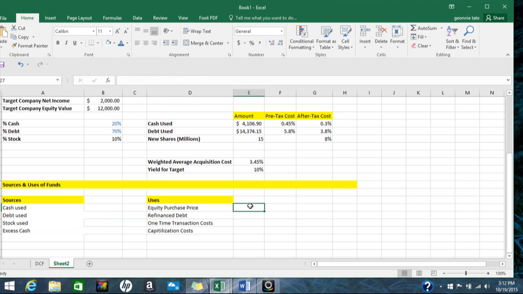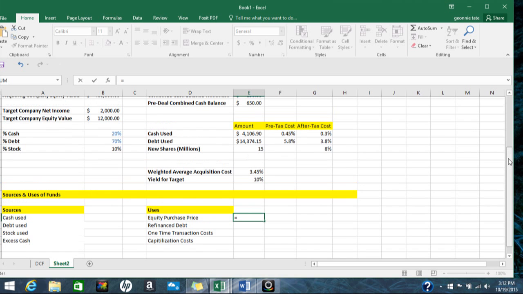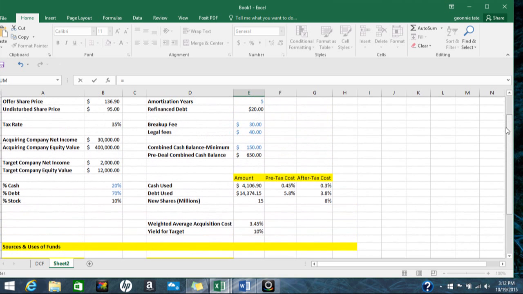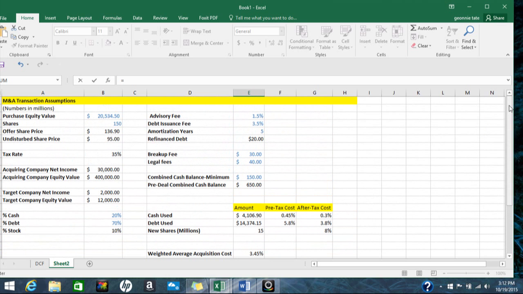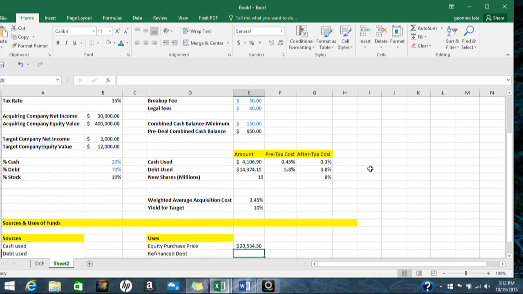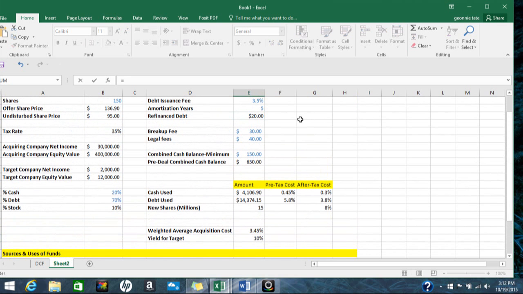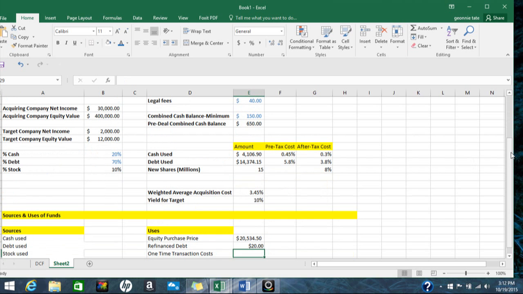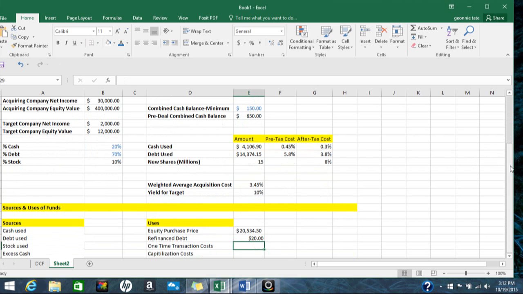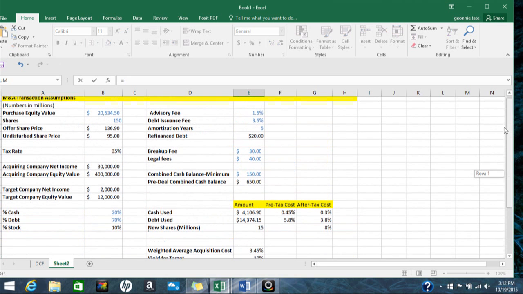Okay, the equity purchase price is the price that the acquirer is paying for the target. So let's go up here and get this purchase equity value. And refinance debt I have at the top also. For one-time transaction costs, that's the fees associated with this deal.